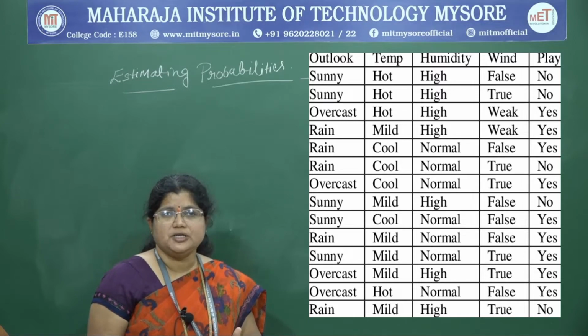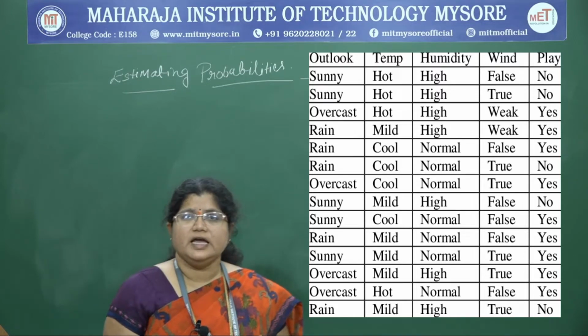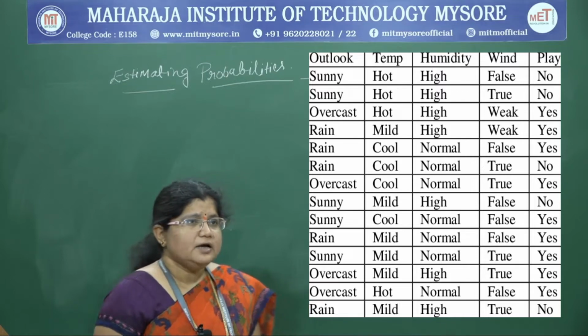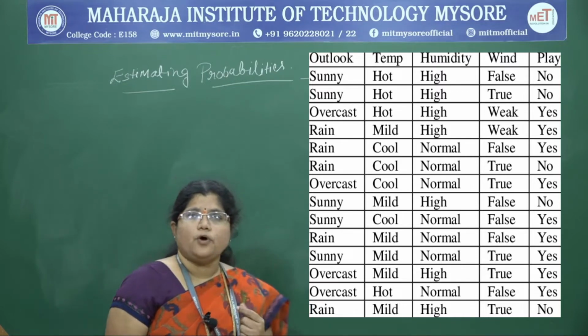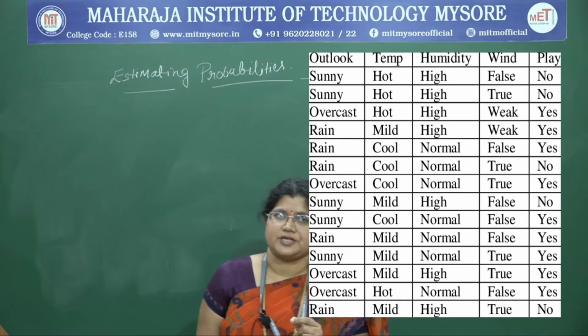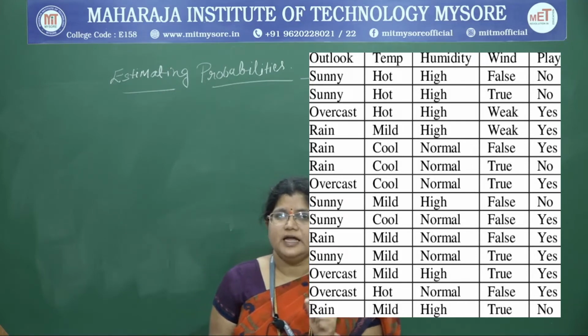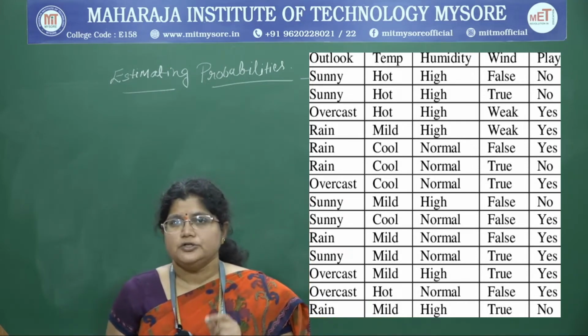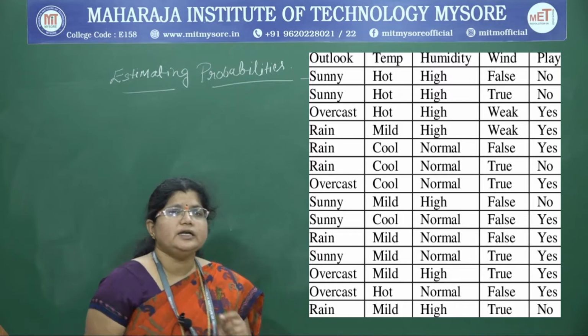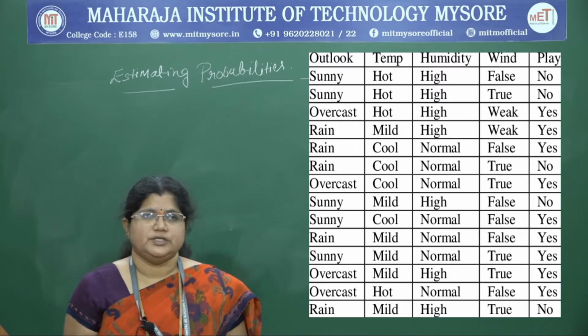probability estimation of occurring events. We have estimated the probability by the fraction of the times the event is observed to occur over the total number of opportunities.